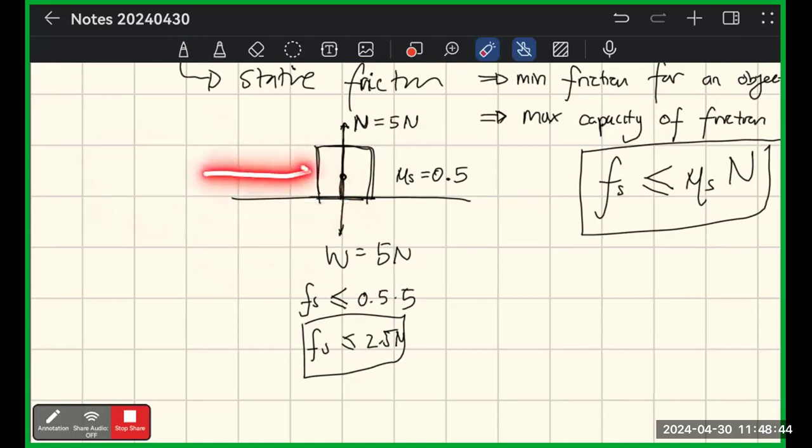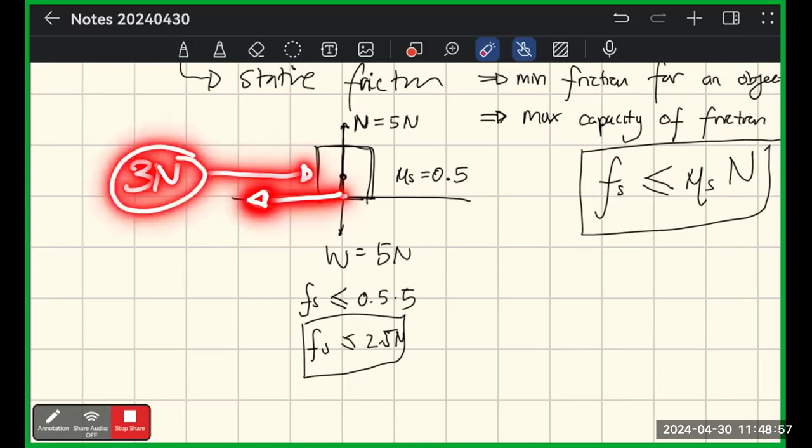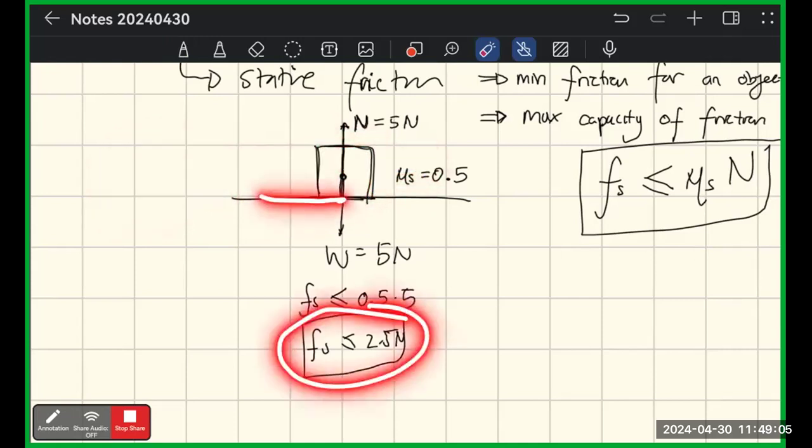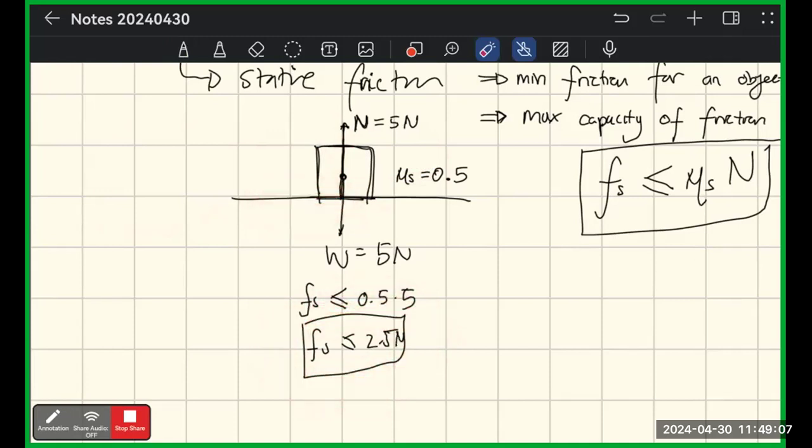But if it's, for example, 3 Newton, this ground cannot stand this 3 Newton, and the block will move. It will move to the right because the maximum static force, the capacity of the friction to keep the object stationary, is only 2.5 Newton.